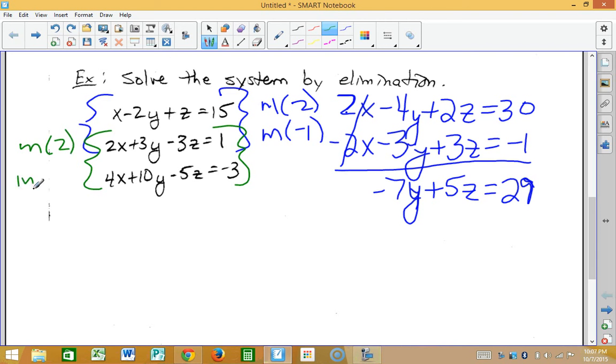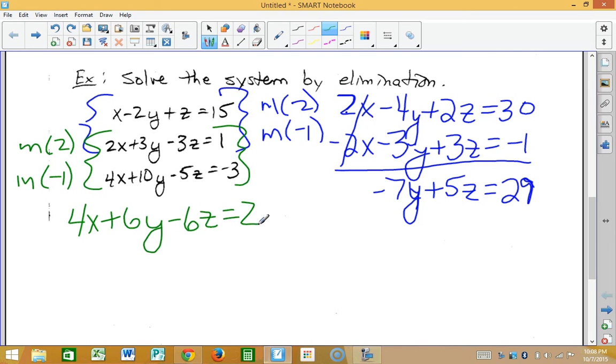And I'm going to go ahead and just multiply by -1 in the last equation here. And that should give me the same numbers in front of x, but opposite signs, so we can eliminate. So 2 times 2 is 4x. 2 times 3 is plus 6y. And again, 2 times 3 is negative 6z equals 2.